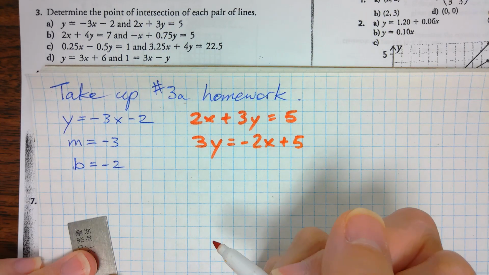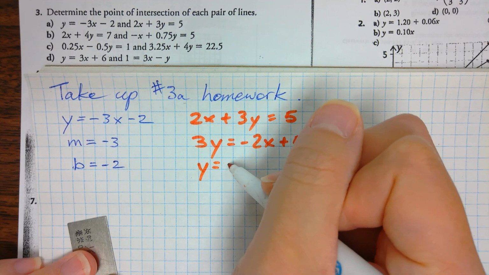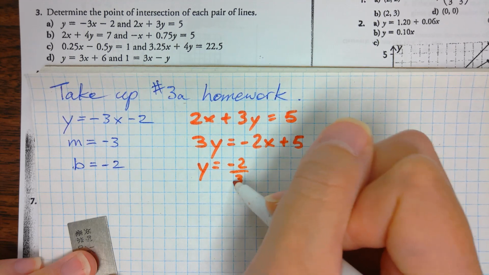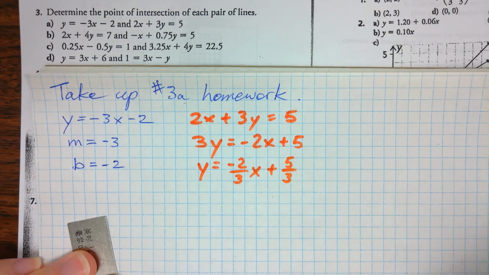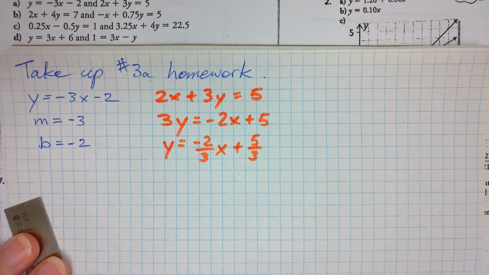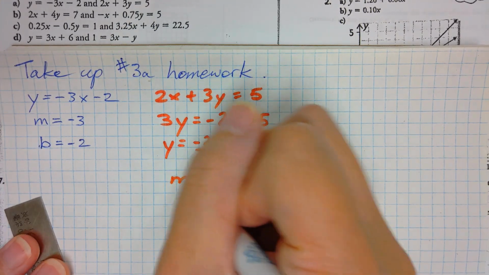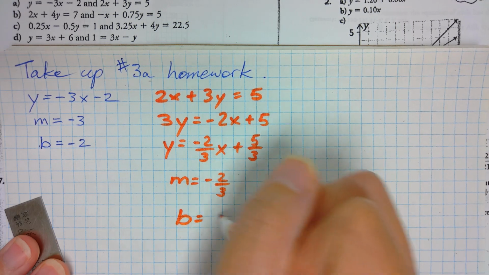And then divide everything by 3. So y equals negative 2 over 3x plus 5 over 3. Okay, so then my slope is negative 2 over 3, and my y-intercept is 5 over 3.